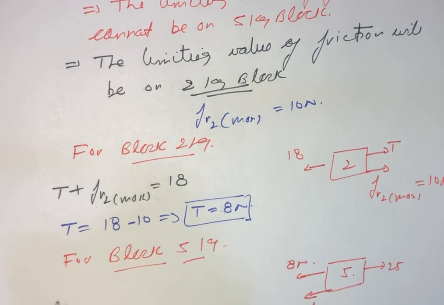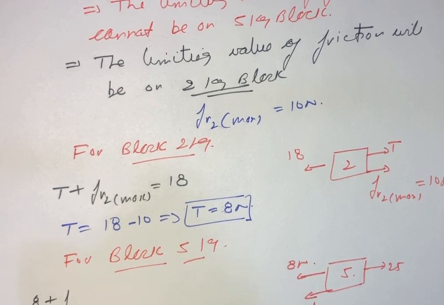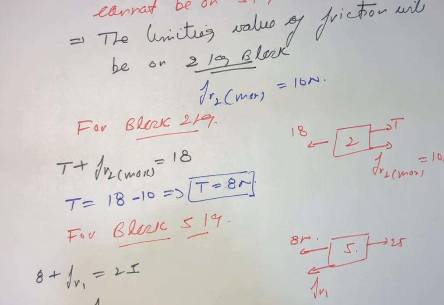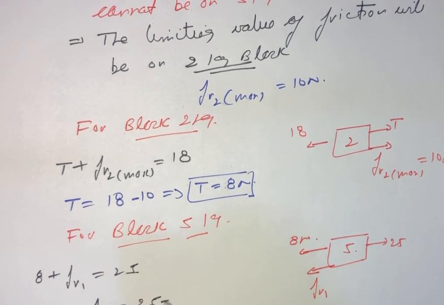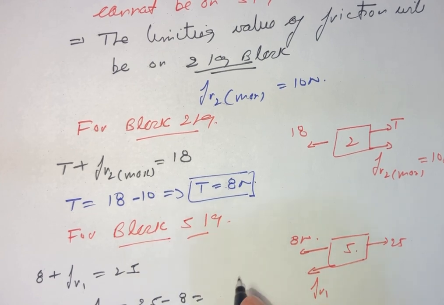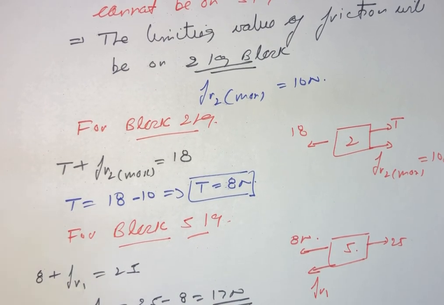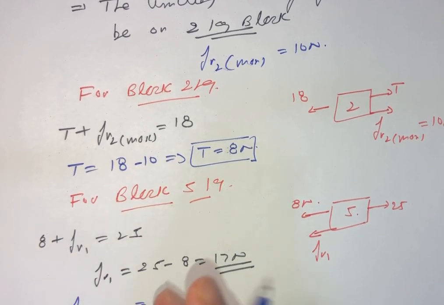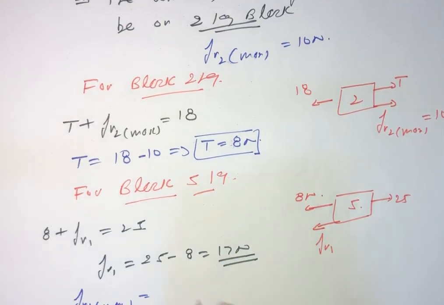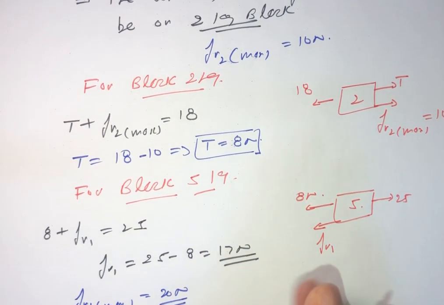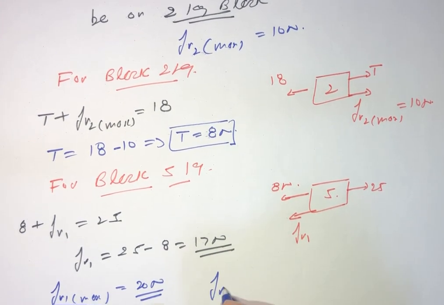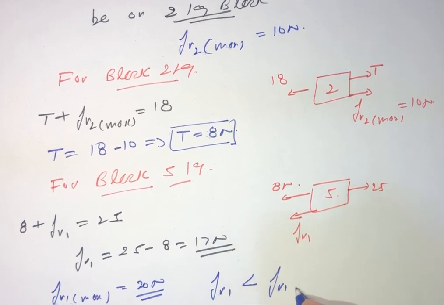So you can say that 8 plus FR1 will equal to 25, and FR1 will equal to 25 minus 8, which will be coming as 17. And the maximum value of FR1 max is 20 Newton. So you can clearly see the required value is less than the maximum value. You can see FR1 is less than FR1 max.